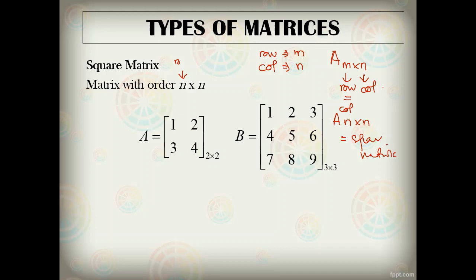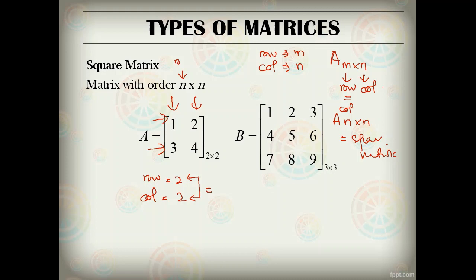This is called a square matrix. For example, you can look at matrix A here. We have 2 rows and 2 columns, so here the row equals the column.